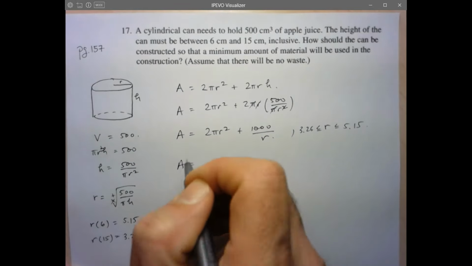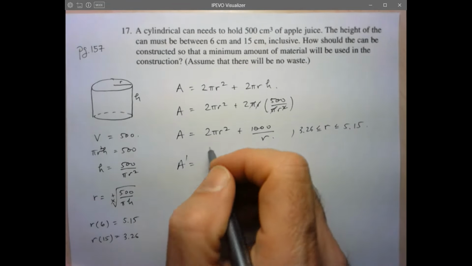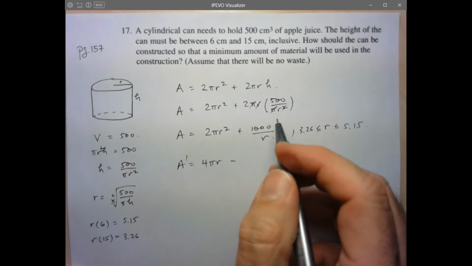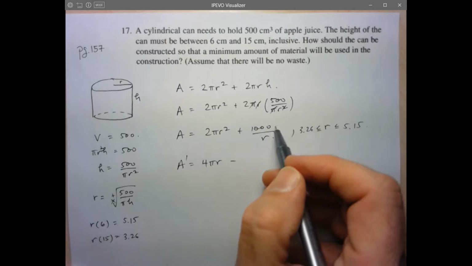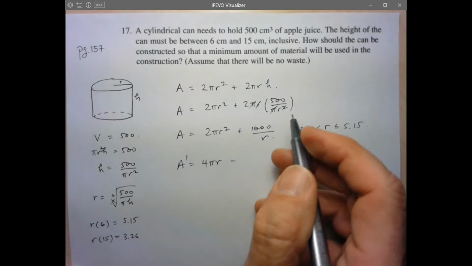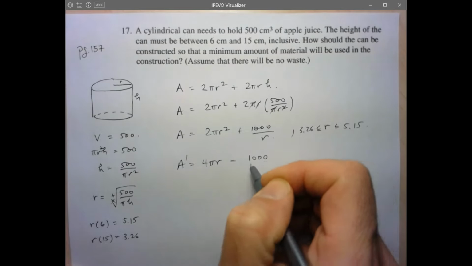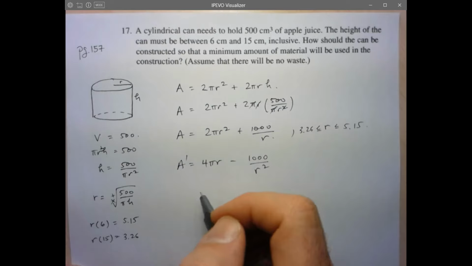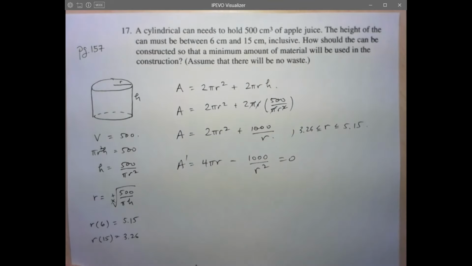Let's go ahead and take our derivative. So this is just going to be 4 pi r, minus, because this is 1,000 times r to the negative 1, the derivative is going to be negative 1 times r to the negative 2. We've done this many, many times so I'm not going to go through that whole process. And of course, I want to set this equal to 0.